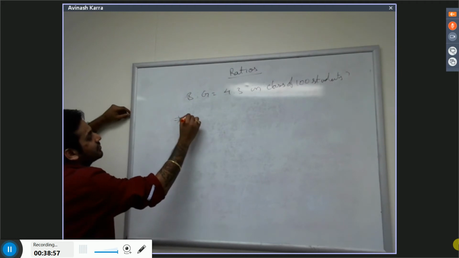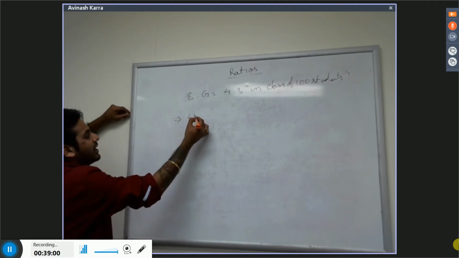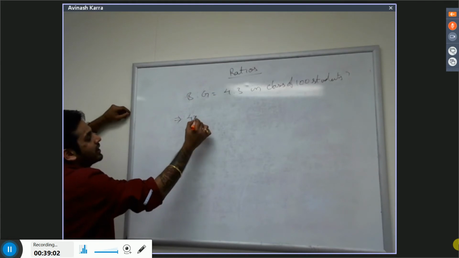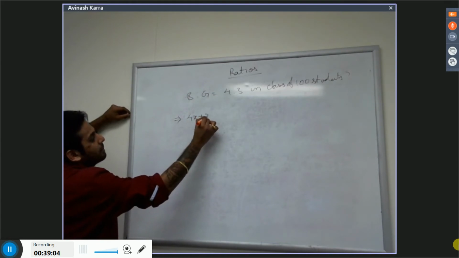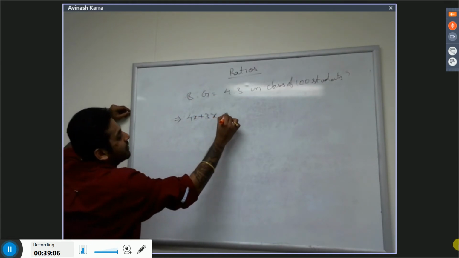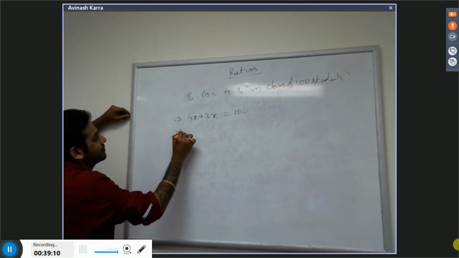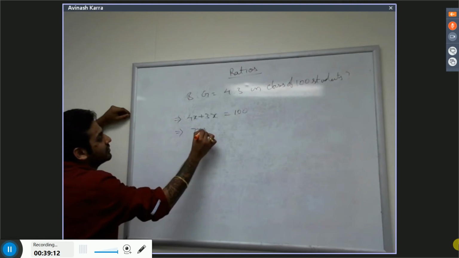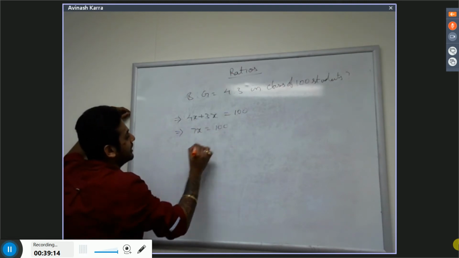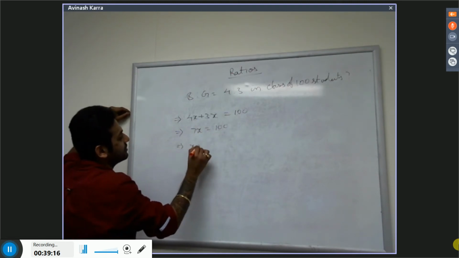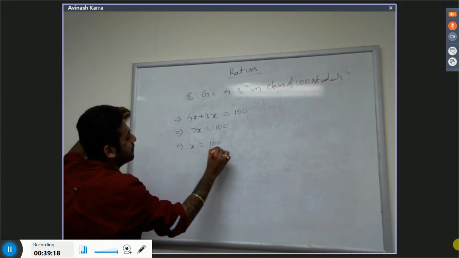First, you take a variable x and form an equation: 4x plus 3x is equal to 100. So 7x is equal to 100. x is equal to 100/7.